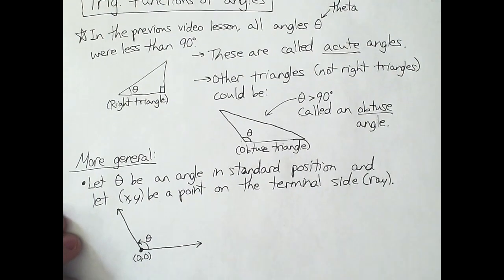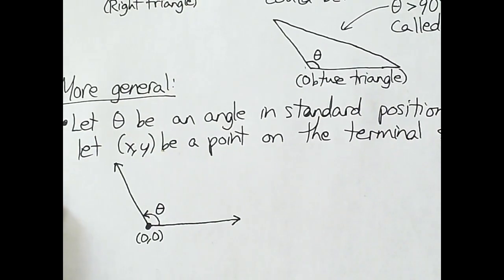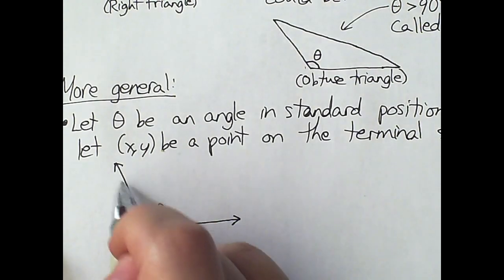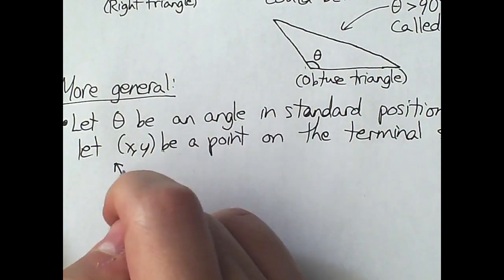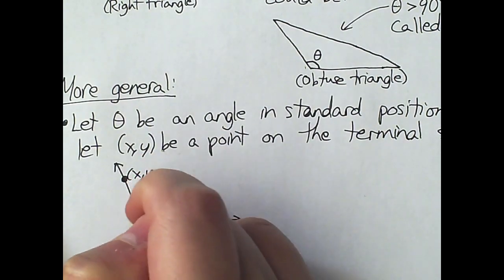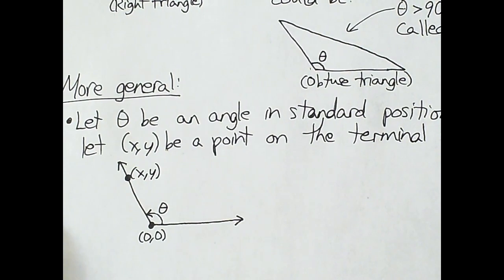How about I zoom in on this? All right, let theta be an angle in standard position, and let x comma y be a point on the terminal side. So the terminal one is over here. So let's say this is the point x comma y. So in this picture, we have the point 0, 0 and the point x comma y.